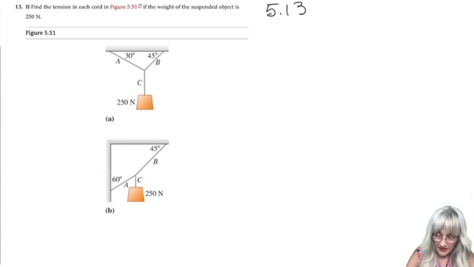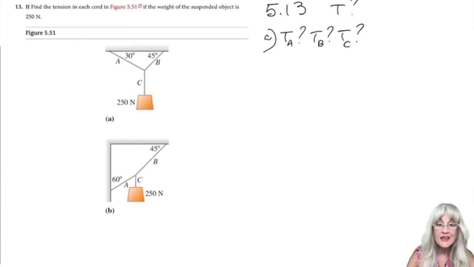We want to find the tension in each cable. So in configuration A, I want to find the tension of A, tension of B, and tension of C if the weight suspended is 250 Newton.